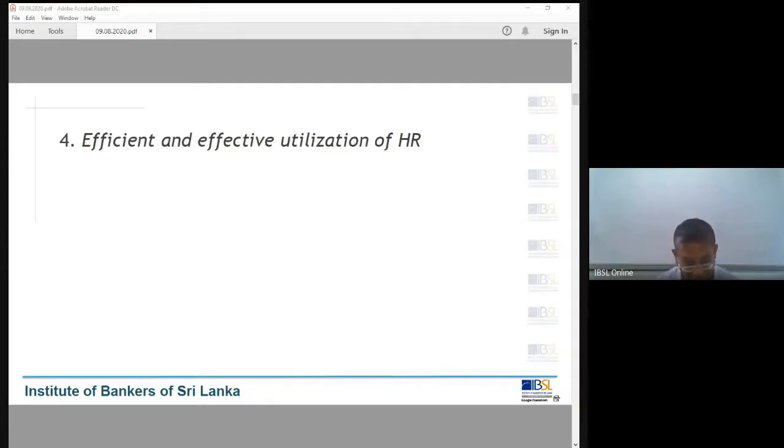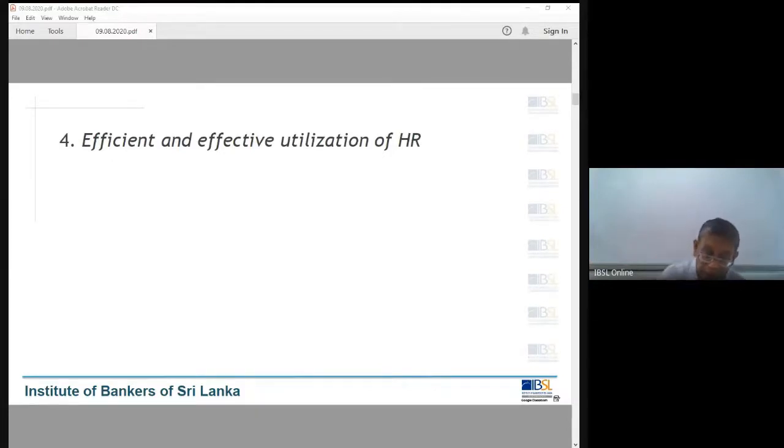We have to use the correct employees, right number, and the right cost, and also make sure that from those people the organization achieves the organizational goals. That is what you call effective.